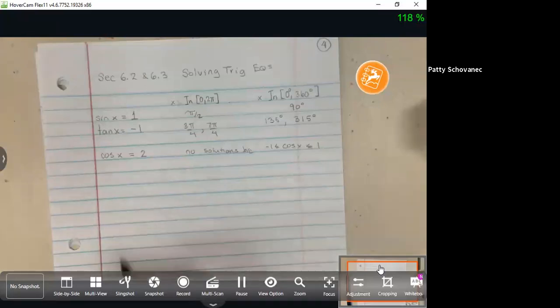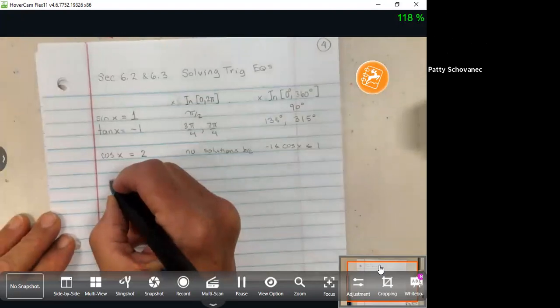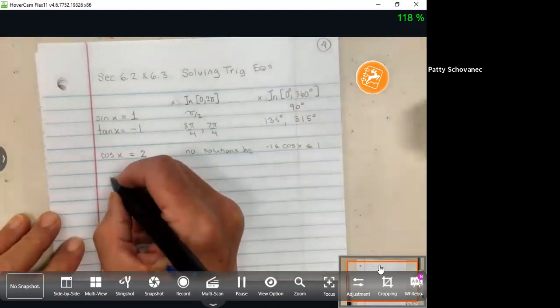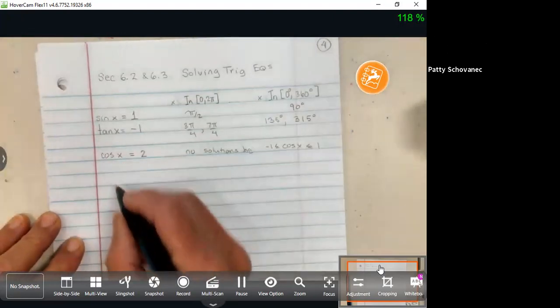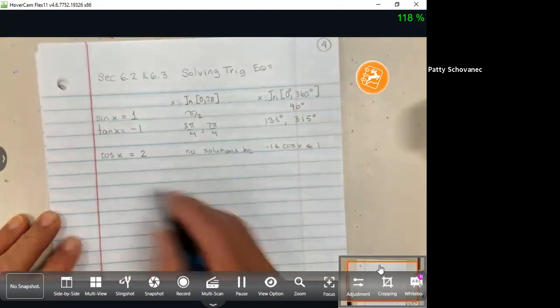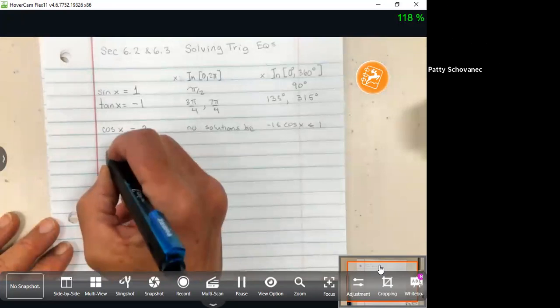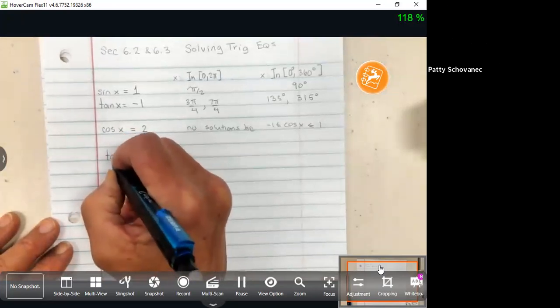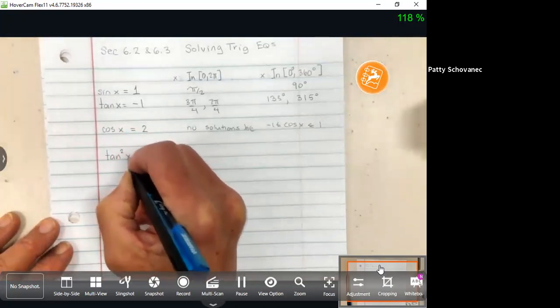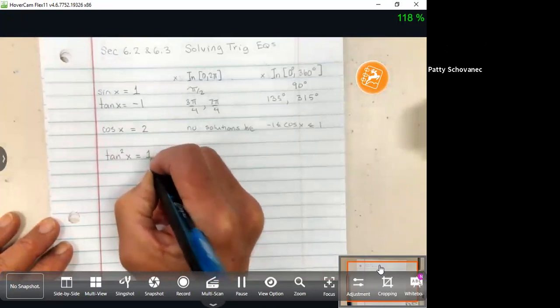So for instance, here's a trig equation. How about the same equation as number 2, but I'm going to change it up a little bit. Tangent squared of x is equal to positive 1.